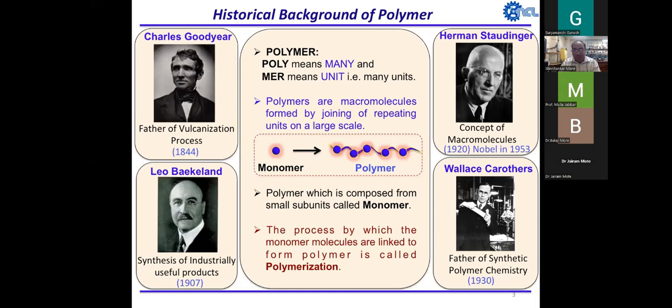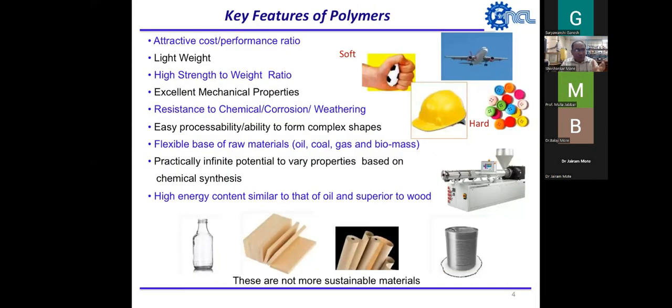And then it was further introduced for daily use applications. So why do we choose a polymeric material? What are the key features? In earlier days, people used wood or metal utensils for strength. But nowadays polymers overcome this and are used as an alternative to wooden materials as well as metals. Why do people like it? What are the key features of these polymers?